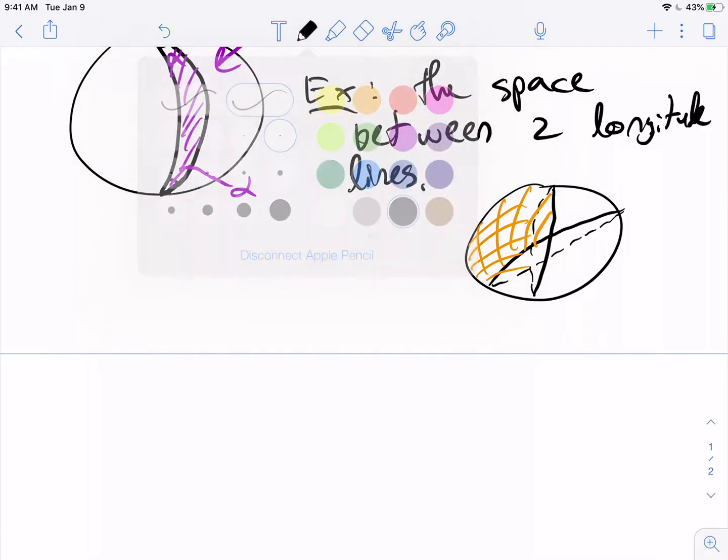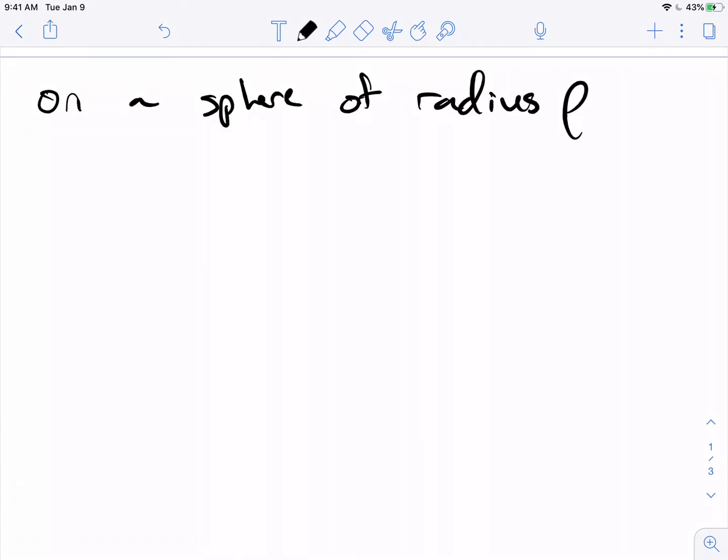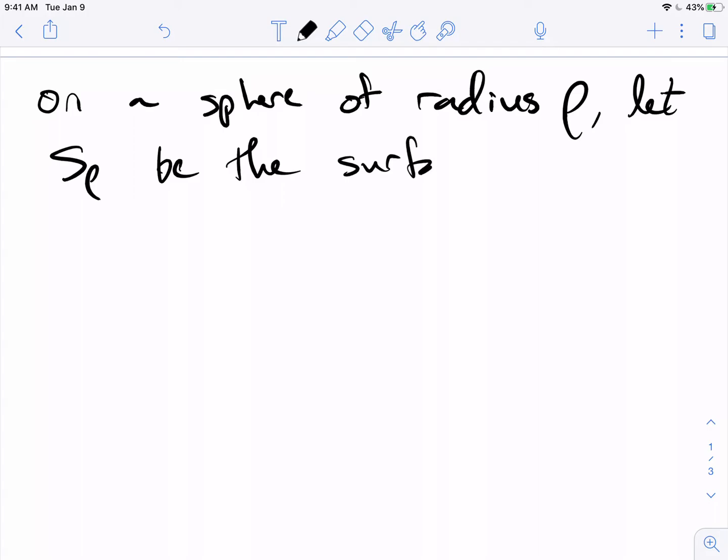And then the question that we did in class, which you might remember, is on a sphere of radius rho. So it depends on the radius. Let's let S sub rho be the surface area of the whole sphere.